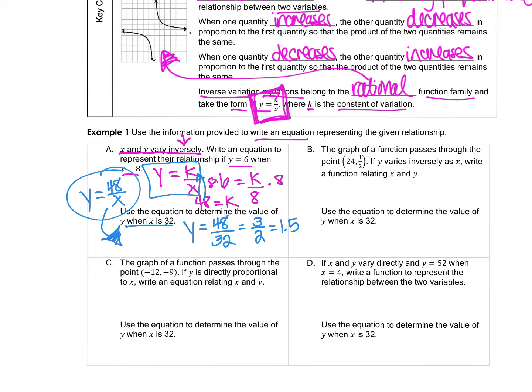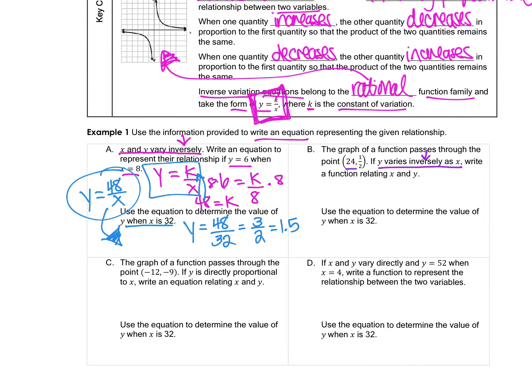Okay, so let's try example B. So example B is saying the graph of a function passes through the point (24, 1/2), which is x and y. If y varies inversely as x, there's your key word, write a function relating x and y.